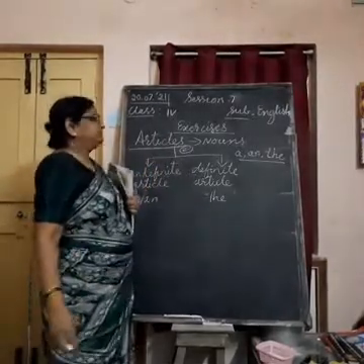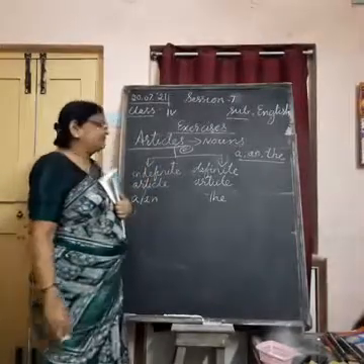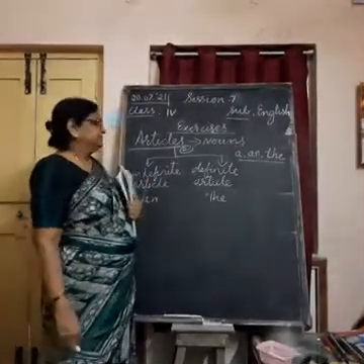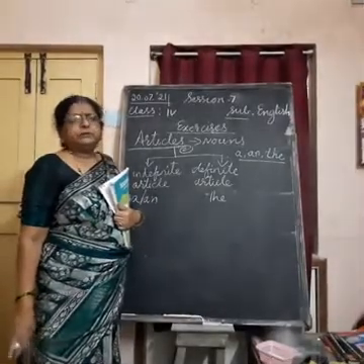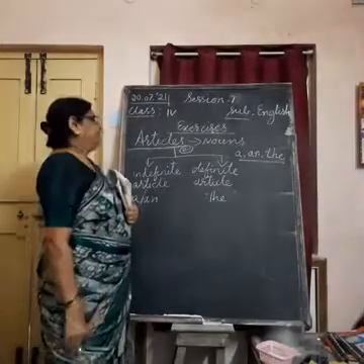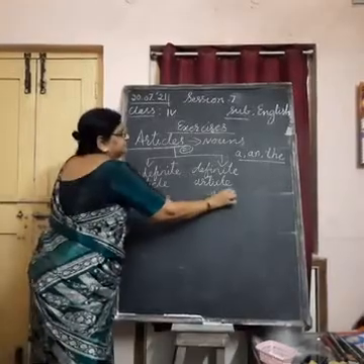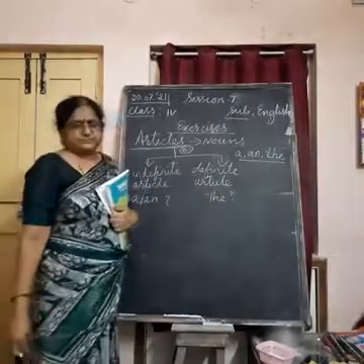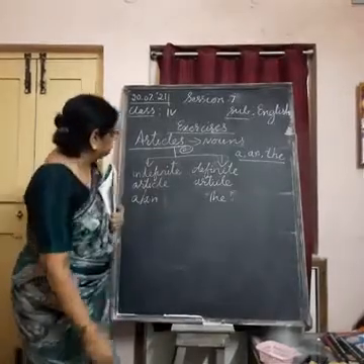Out of these three, a and an are called indefinite articles, whereas the is called definite article. Now next question is when to use these articles? With which nouns? So, in English you have vowels and consonants.